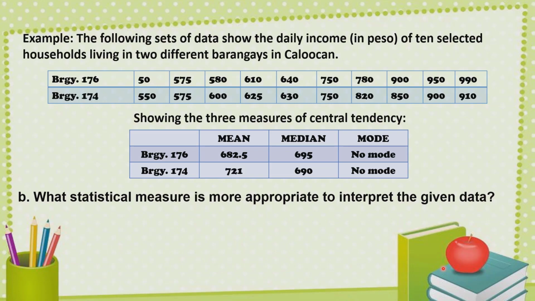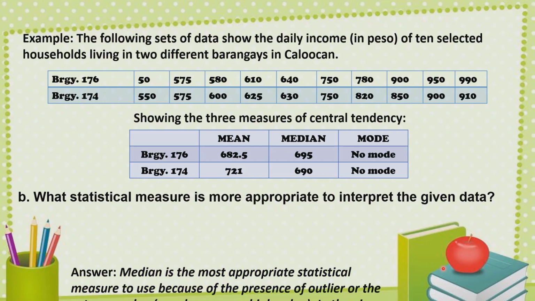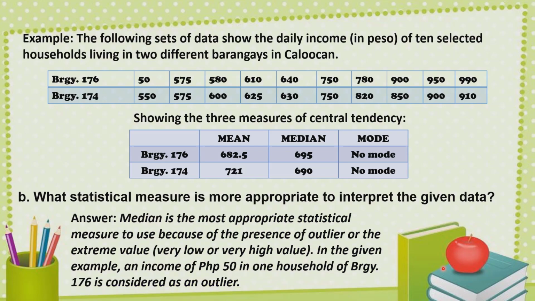What statistical measure is more appropriate to interpret the given data? The median is the most appropriate statistical measure to use because of the presence of outlier or the extreme value, very low or very high value.